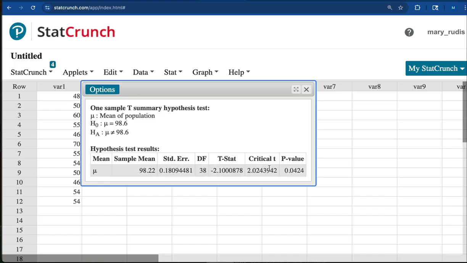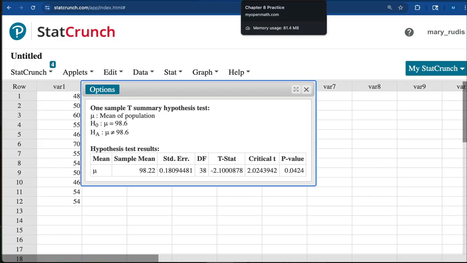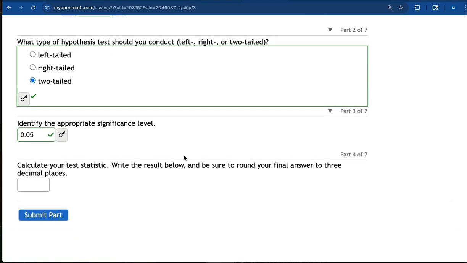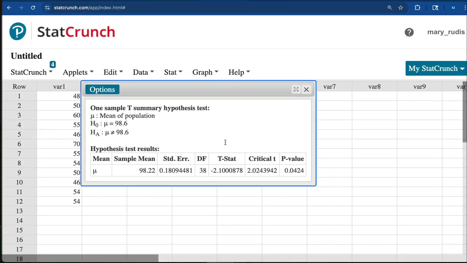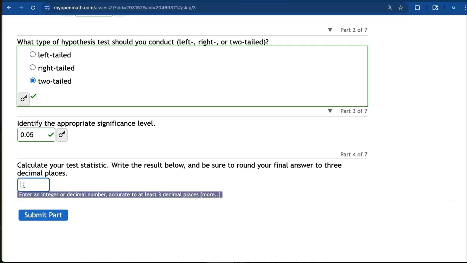And these are all the values that are going to help us make our decision. So let's go back over here. Calculate your test statistic. So test statistic is our capital T stat there. So let's just copy and paste that. We need to be careful when we copy and paste because you can accidentally get too many digits, and it does say to round to 3 decimal places.